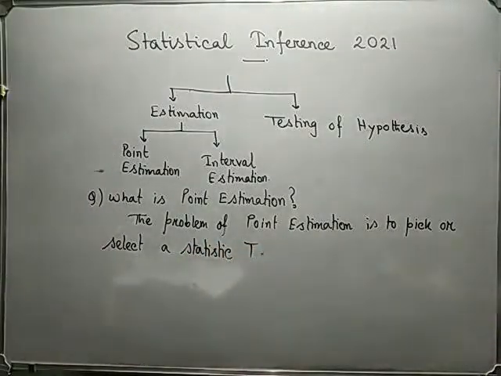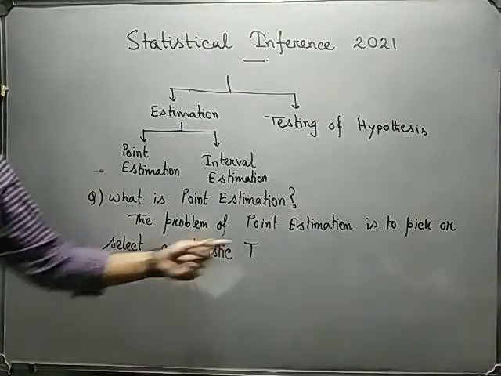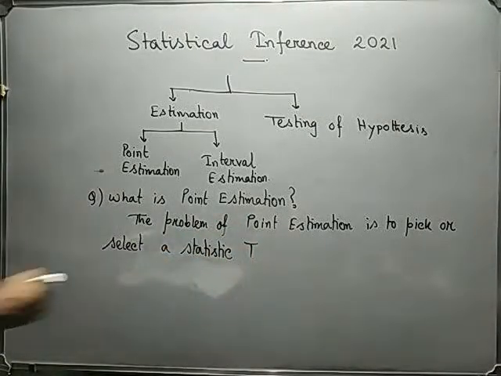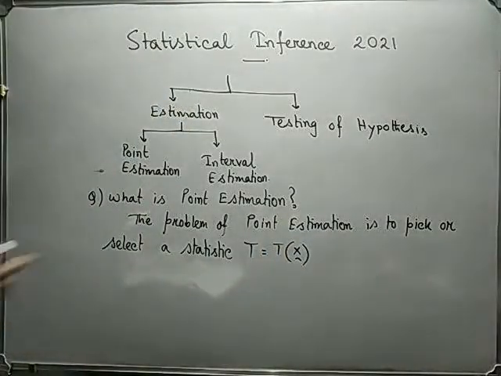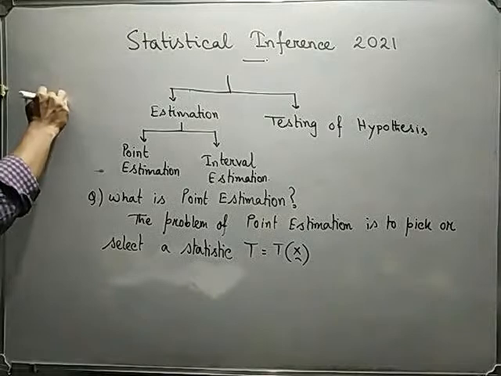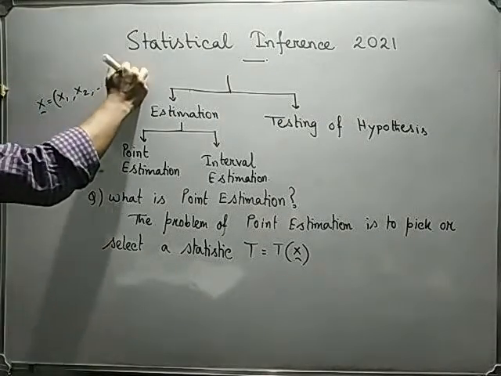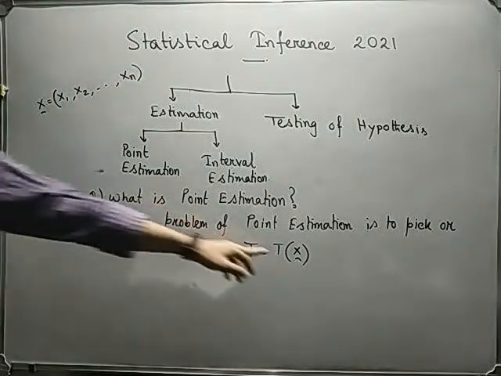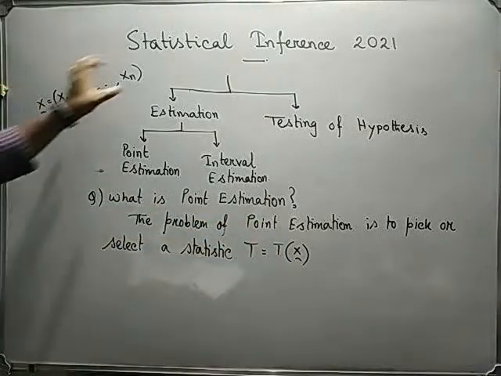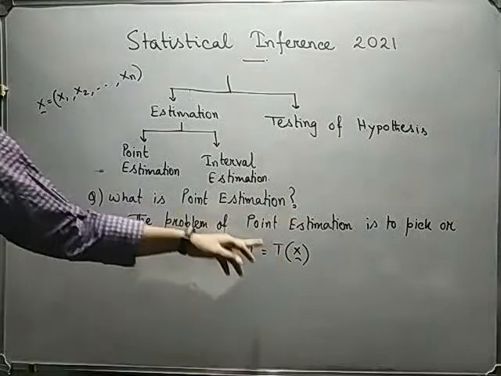Now, we all know that a statistic is basically a function of the sample values. So we can write that capital T as capital T of X curl, where X curl is a vector x1, x2, ..., xn, that means the sample values. So capital T is a function of all the samples, that's why it's a statistic.